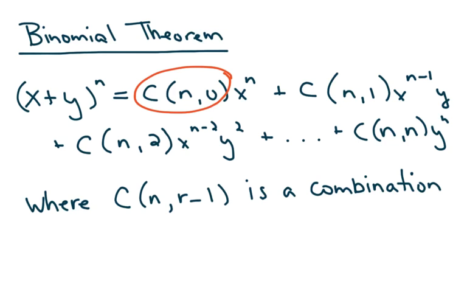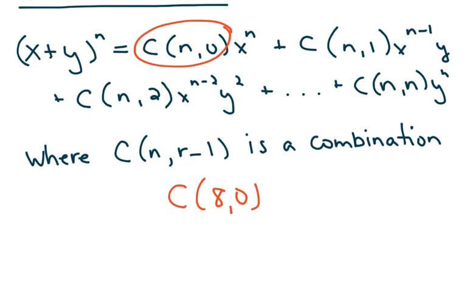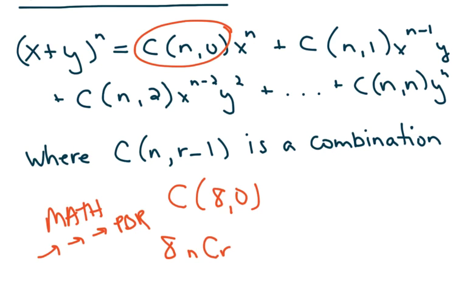So if you want to do a combination 8, 0, what you would do on the graphing calculator is you would first type in 8, and then you would press the math button, and you would arrow over to PRB, and number 2 is nCr, and it'll pop up like this on the screen, and then you would press in 0 and then hit enter.